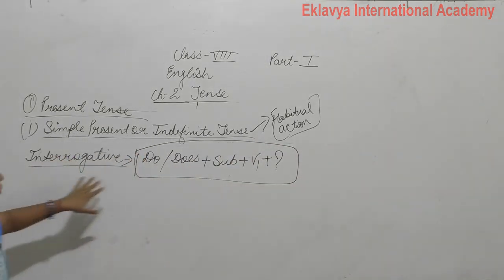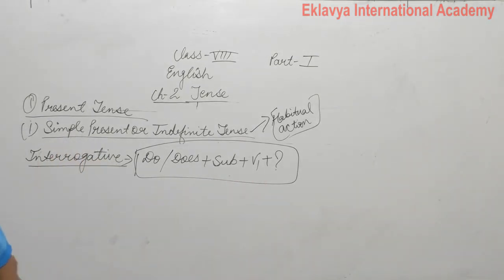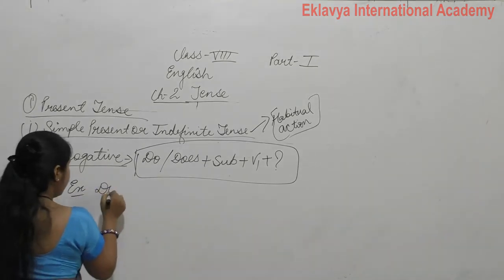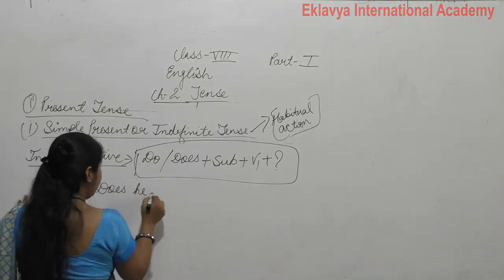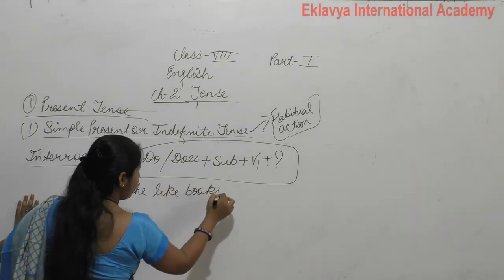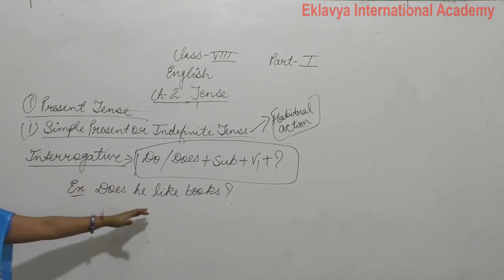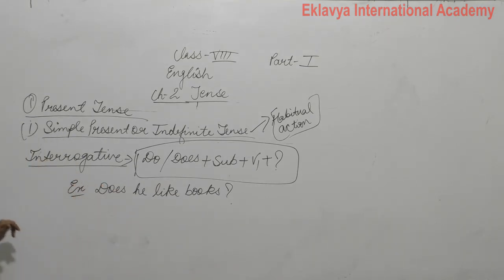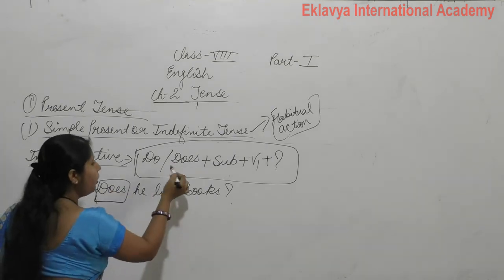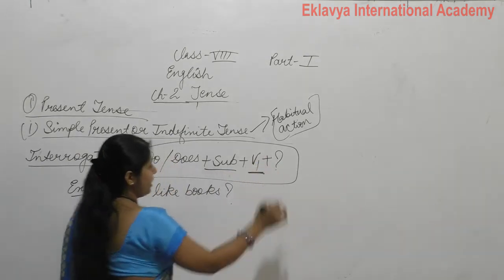So: do, does, subject plus verb first form. Now write an example: Does he like books? This way we make our interrogative form of sentences.